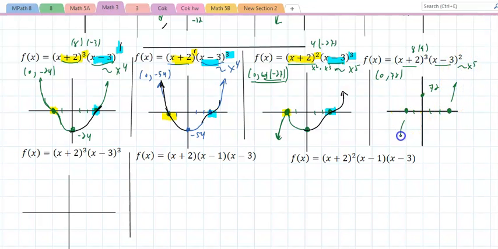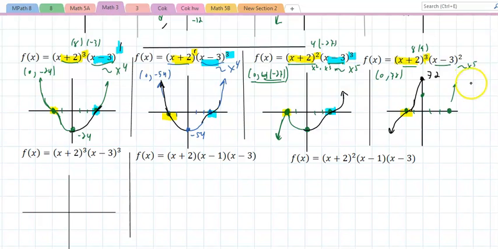That's what x to the 5th looks like. Left to right, this is 0 right there, but it's a cubic. The multiplicity is 3, so a cubic looks like this. That takes care of this. It has to pass through that point. Remember, 72 is way up there, right? So if I mark 72 right there, the graph looks a lot smoother. It should be a smooth graph. So this is a cubic.